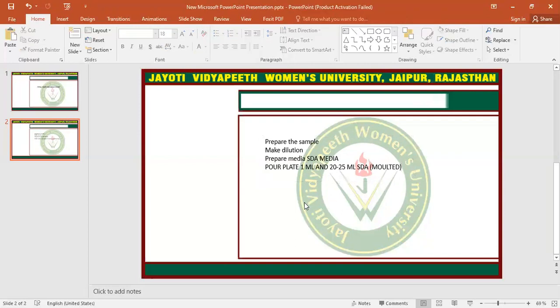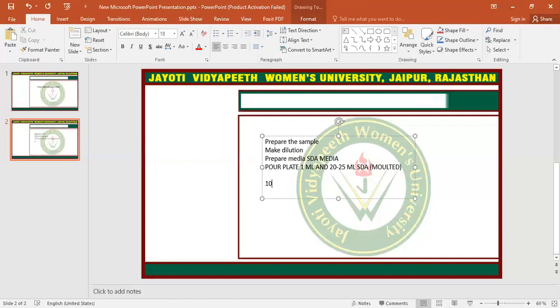For 10 to the power minus 1, we prepare 3 plates, and for 10 to the power minus 2, we prepare 3 plates of SDA.